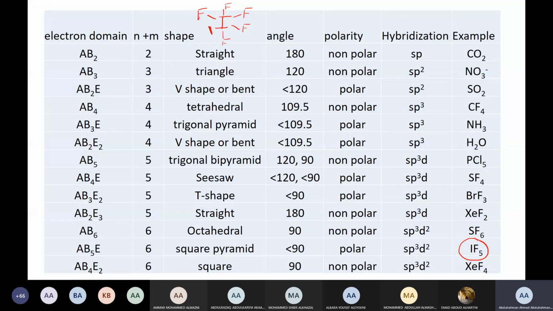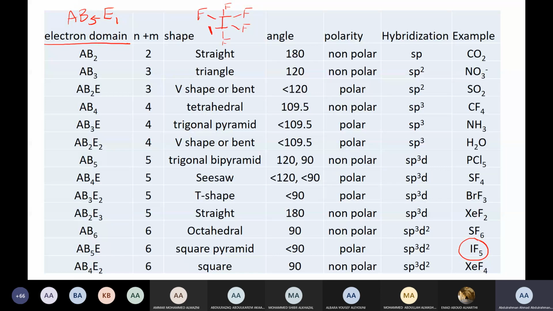Okay, then I can ask you, write the electron domain for it. What's the electron domain? AB5E1.